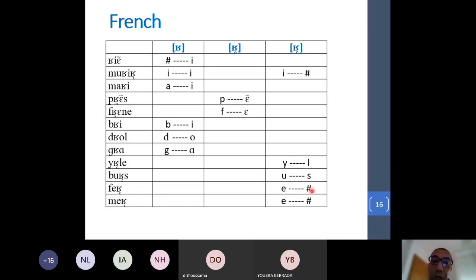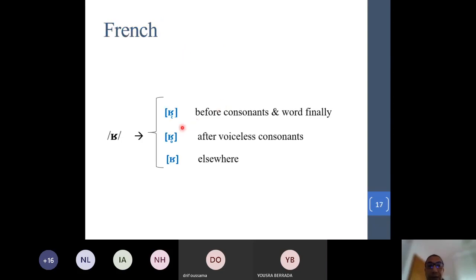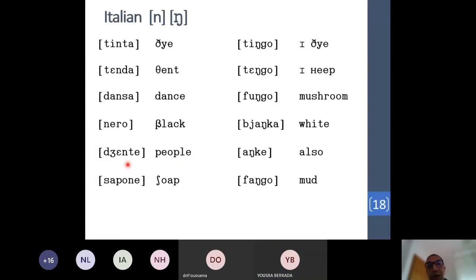The devoiced one occurs after voiceless sounds, and the fricative occurs elsewhere. The default variant is the phoneme.